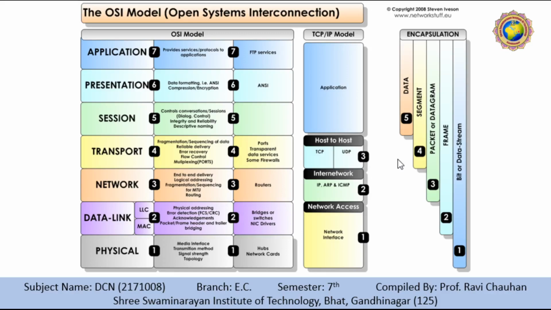So let's have some comparison between OSI and TCP/IP with the help of their functions and architecture. First of all, we discuss the similarities between the OSI and TCP/IP models.